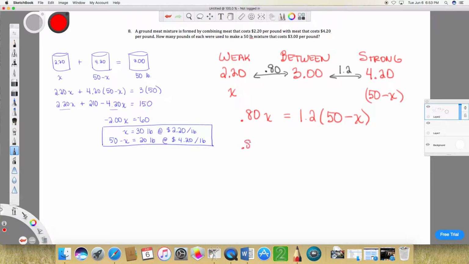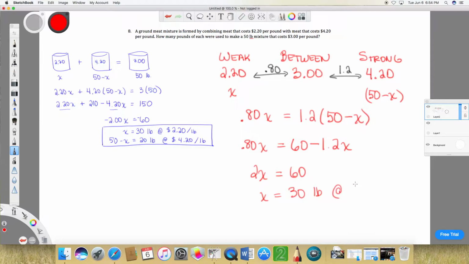All right, so let's multiply. Let's distribute the 1.2. I'm getting 60. That makes sense. And 1.2x. So if I add 1.2x to each side, I get 2x equals 60. If I take half of 60, I get 30, and that represented the pounds.